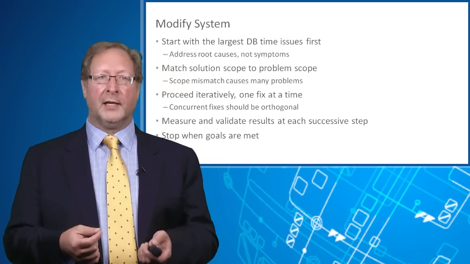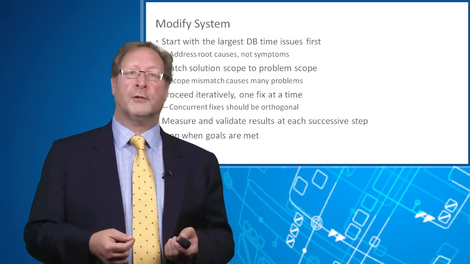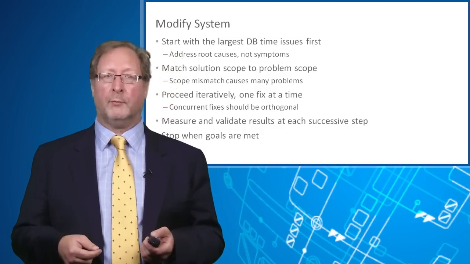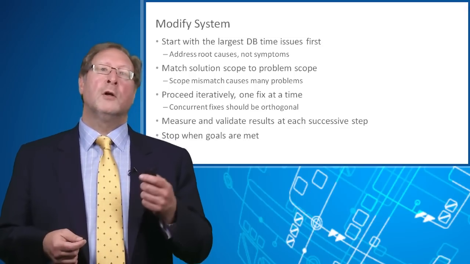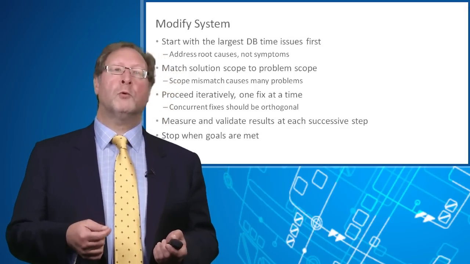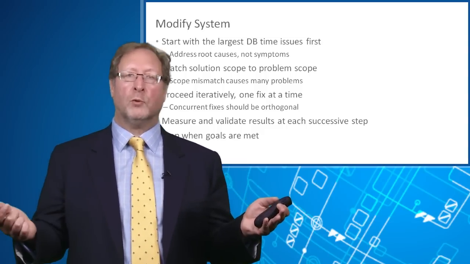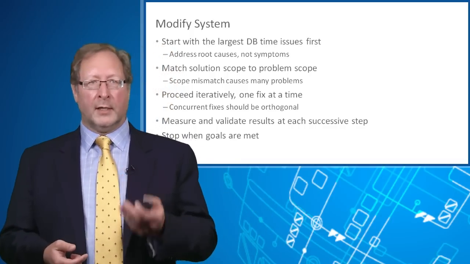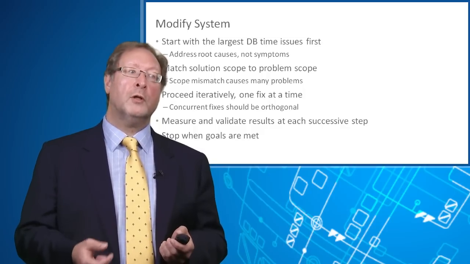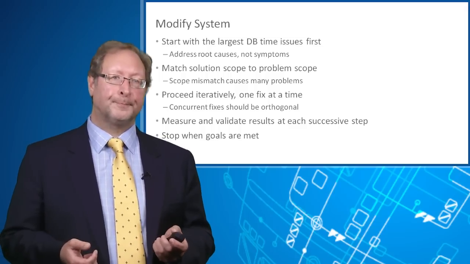Now, changing the init.ora potentially affects every SQL statement on the system, when what we were trying to tune was a single SQL statement. So that's what I mean by scope mismatch. We had a problem that was one SQL wide, and we were applying a solution that was database wide. So the key point in making modifications is that you try and, as closely as possible, match the scope of the solution with the scope of the problem.